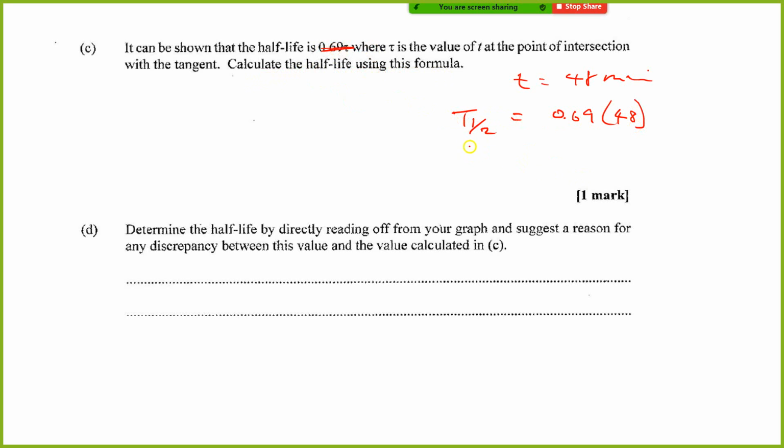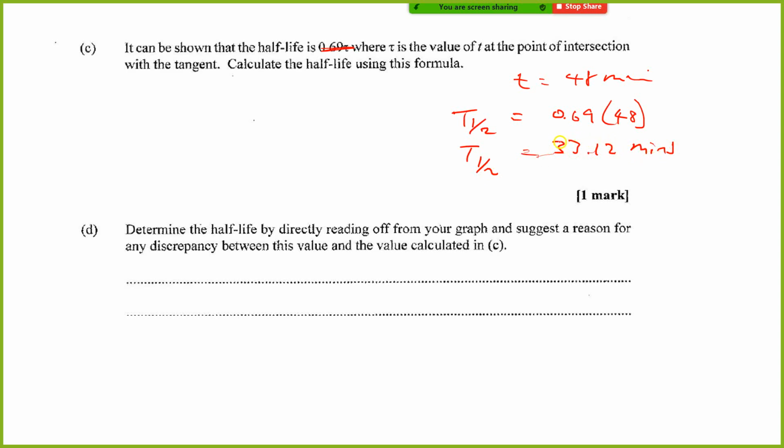So when you take a calculator now, 0.69 times 48, I get that the half-life is going to be 33.12 minutes. It has to be in minutes, okay?